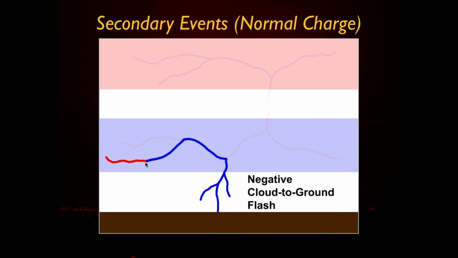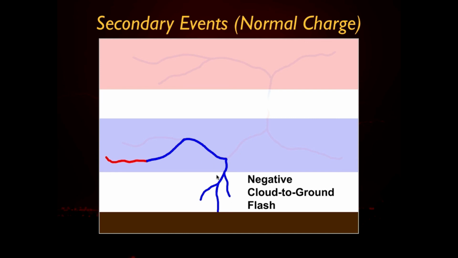If we get an initiation of a recoil leader, we could see the negative end travel up into the upper portion and initiate new development and essentially re-energize the cloud flash, or alternatively it could take a path to ground, where the negative end comes to ground, forming a cloud to ground flash.